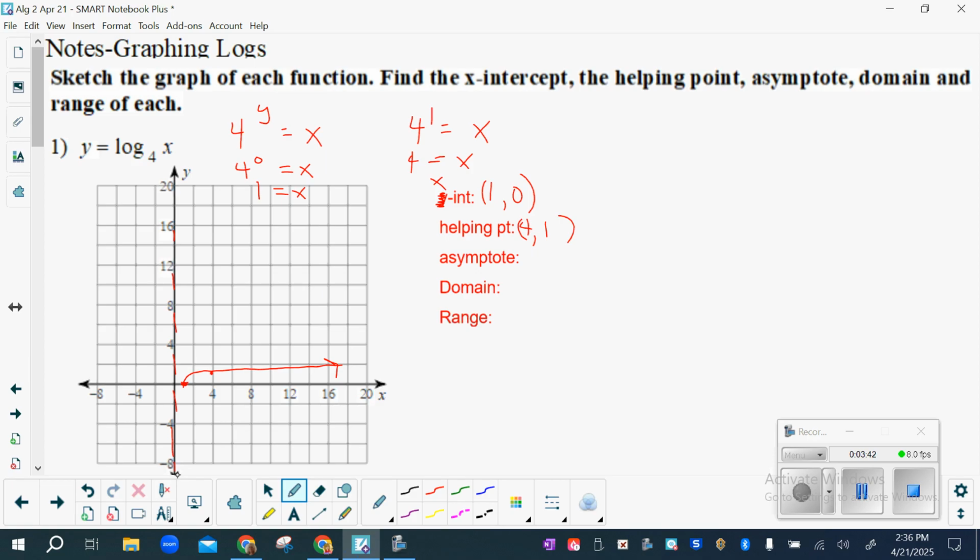It's a vertical line: x equals 0. So my asymptote for the log function is x equals 0, whereas for the exponential function it was y equals 0, unless we had some movement.